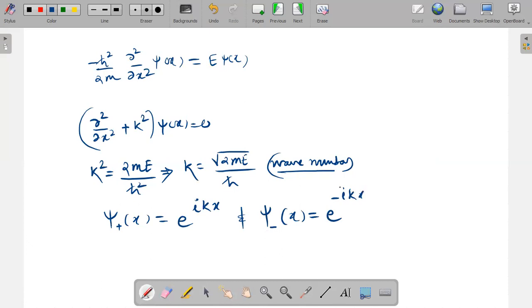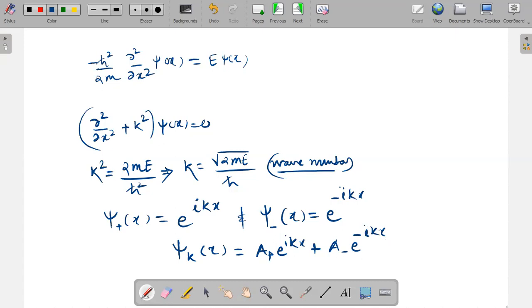Therefore, the general solution is psi k of x equal to A plus e raised to ikx plus A minus e raised to minus ikx.